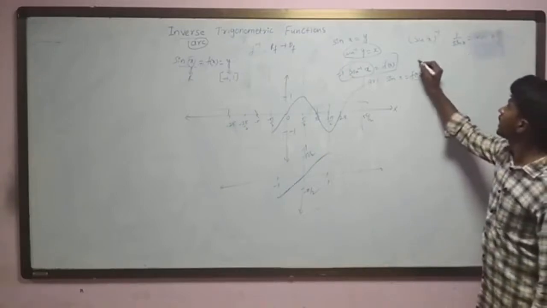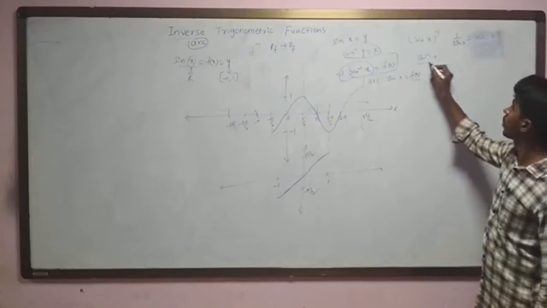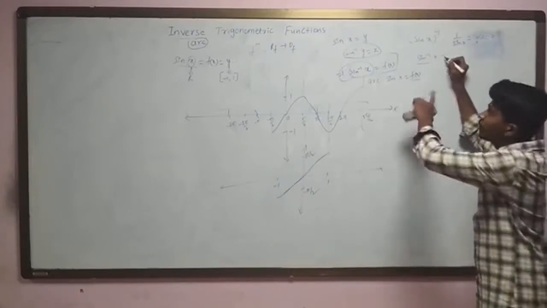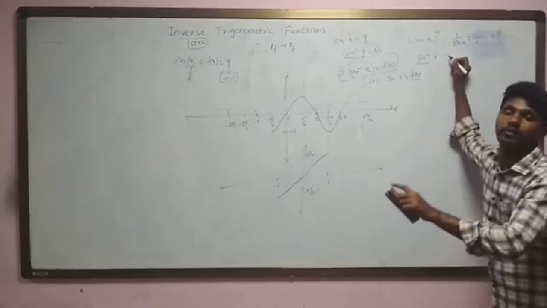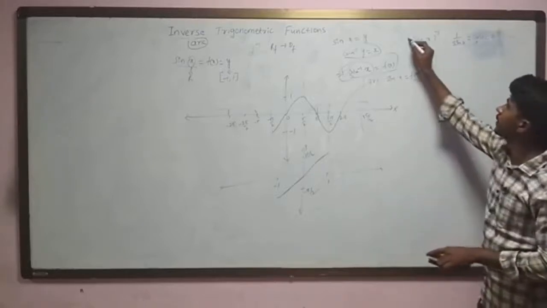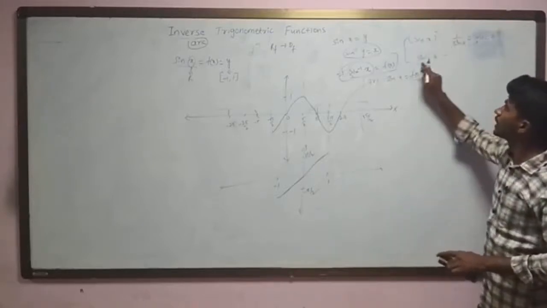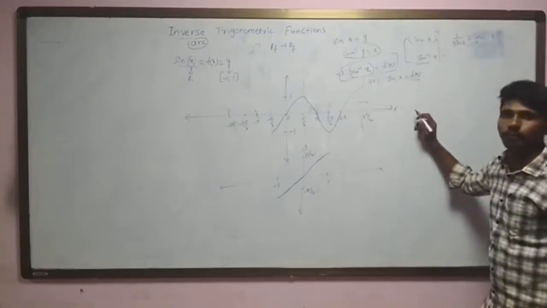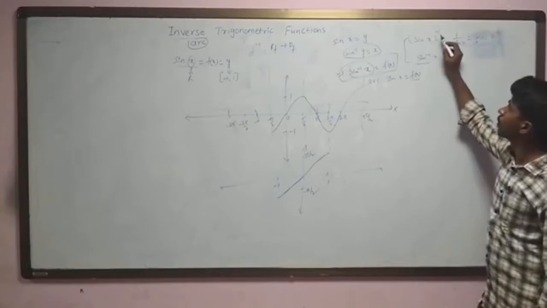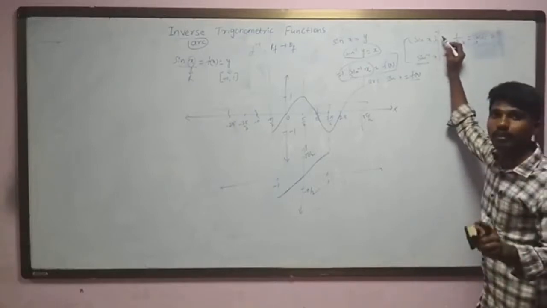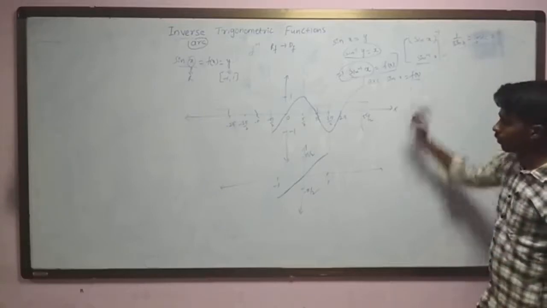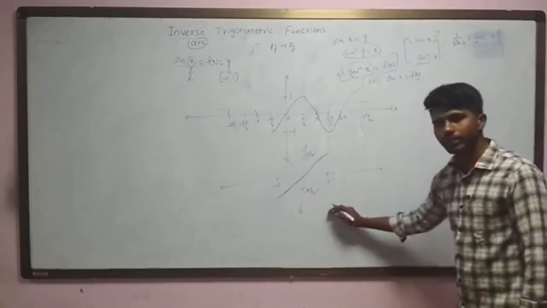But sine inverse x is not at all equal to cosecant x. Sine inverse x is a function in terms of x. That is the difference between sine x whole inverse and sine inverse x. We should get clarity between these two definitions. Now, what about the range and domain of sine inverse x?